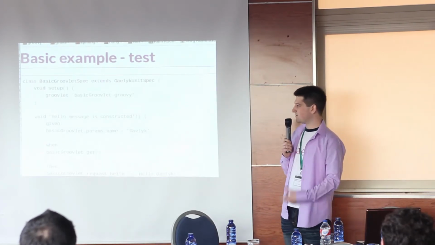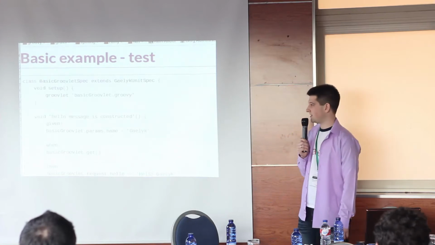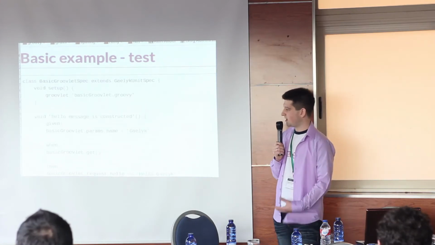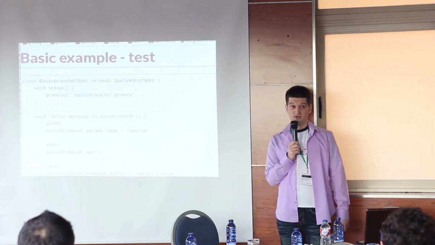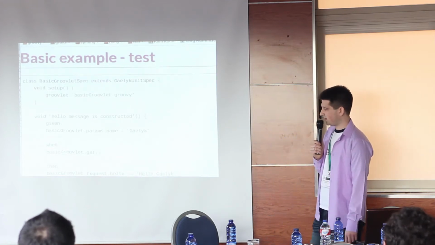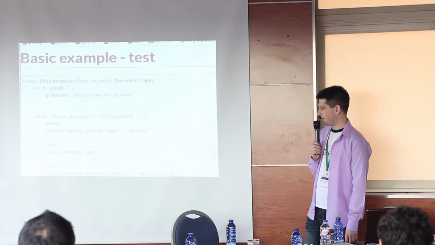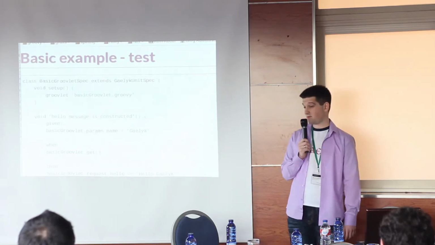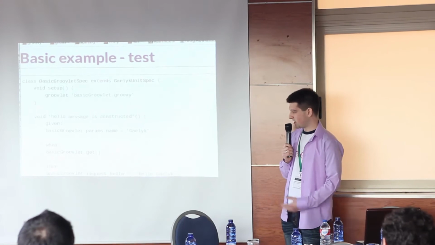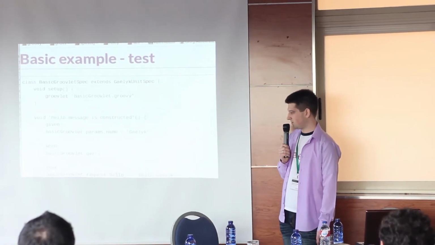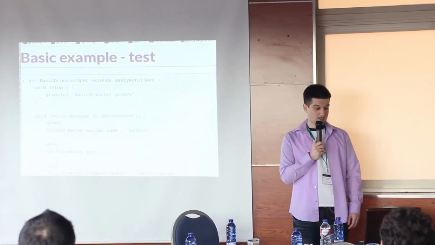So in the given block, we can see how we can set request parameters in our test. In the when block, we can see how we can execute the groovelet under test. And in the then block, where we verify if the code works as we expect, we are checking that the request attribute hello was actually set to the value we were expecting.